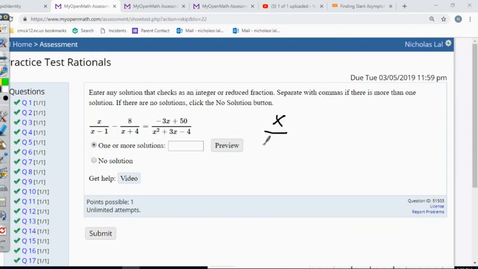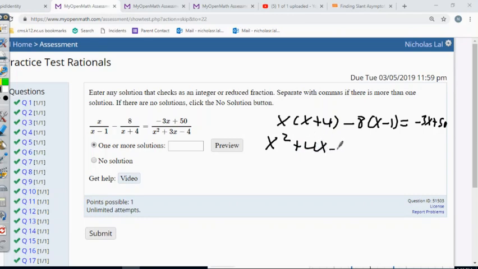So I'm just going to show you the way I do it when you know what's going on. x times x plus 4 minus 8 times x minus 1, whole denominator here, is equal to negative 3x plus 50. So x squared plus 4x minus 8x plus 8 is equal to negative 3x plus 50.